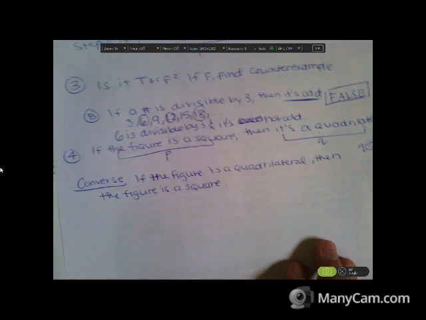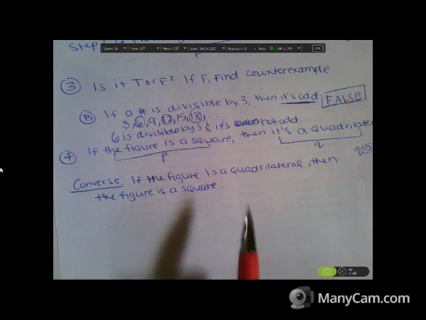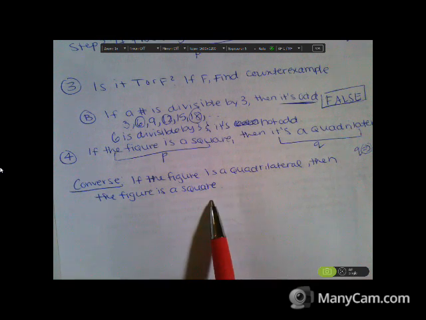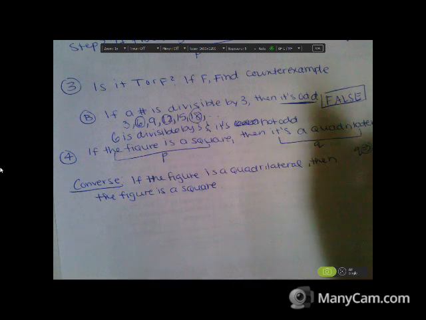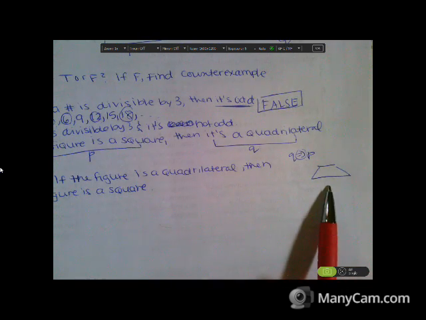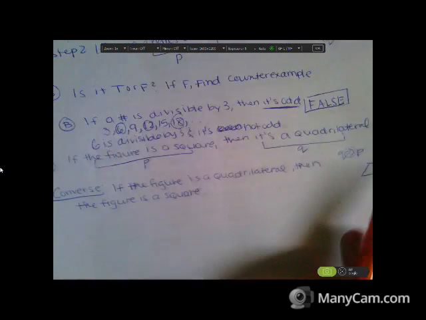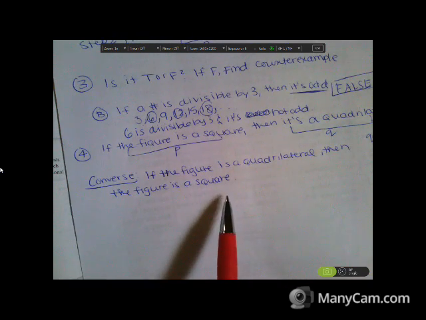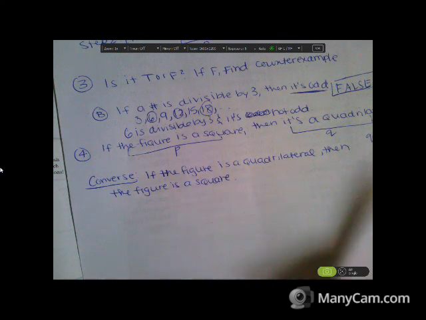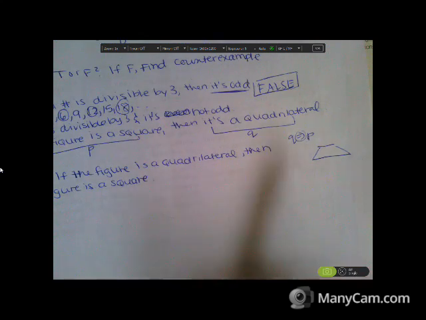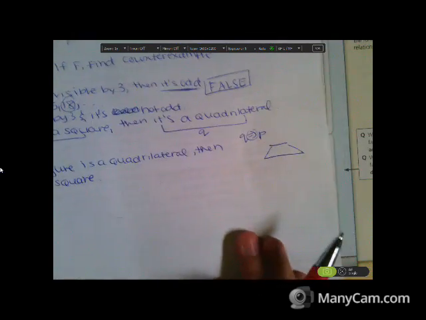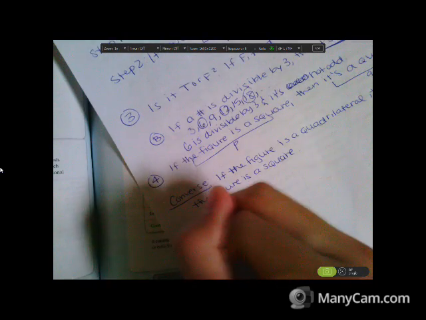So you can see here that if the figure is a quadrilateral, then the figure is a square. That's not always true, because the quadrilateral could be a trapezoid, and that's definitely not a square. So this converse is sometimes true, but not all the time.